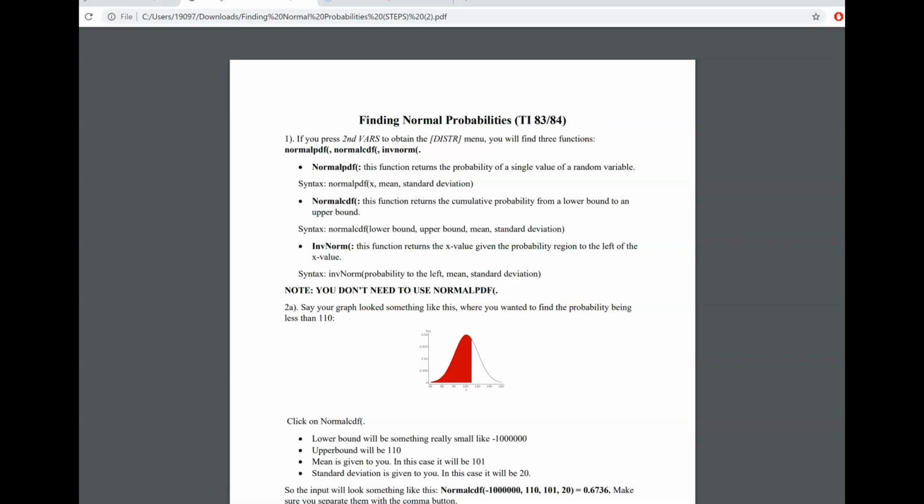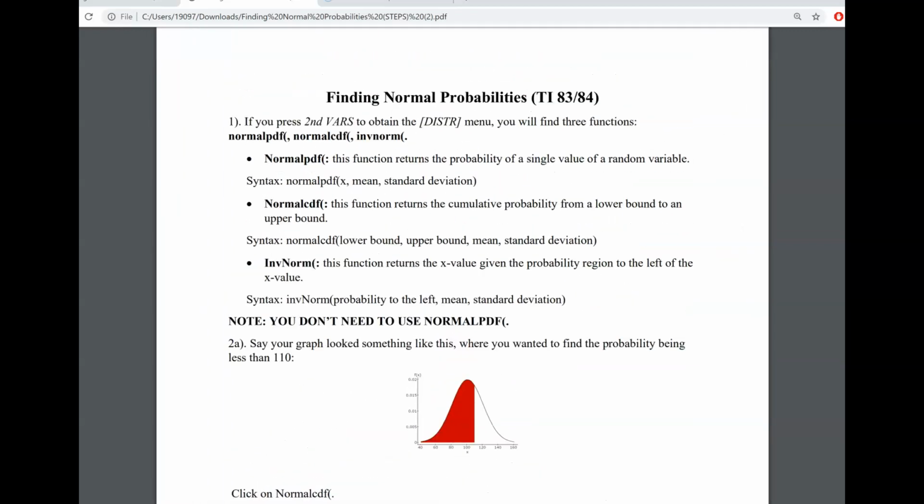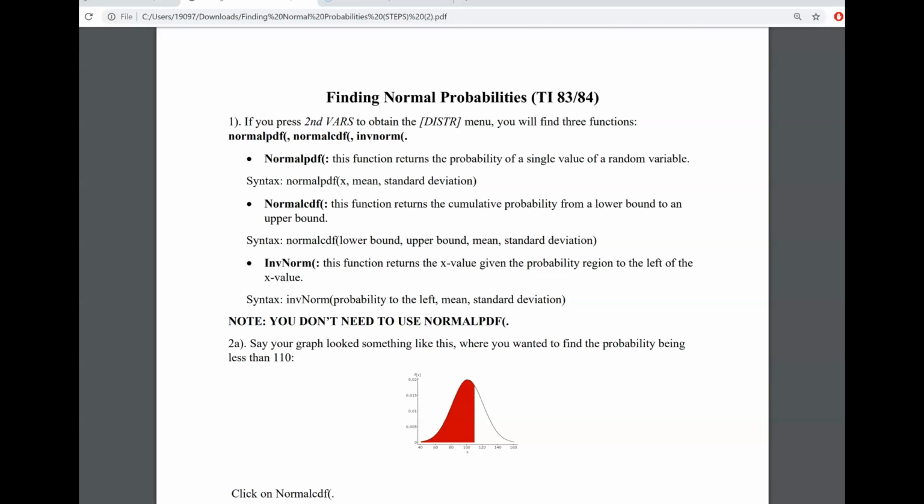So you'll be able to see here the steps. If you have the TI-84, like a graphing calculator, these are the steps. I even give a couple of examples, so you want to take a look at these. Normal CDF. We're not going to be using normal PDF, so this one's done. We're only going to be using these two, normal CDF and inverse normal, and we'll talk about what inverse normal means in a little bit.